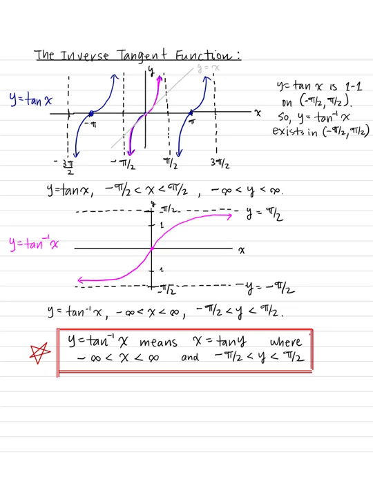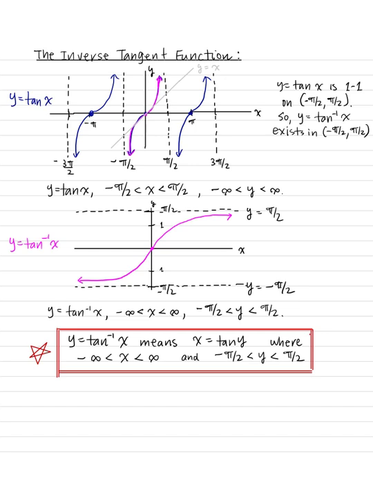So since tan of x is 1 to 1 on that interval, tangent inverse of x exists on negative pi over 2 to pi over 2. So please note that y equals tan of x, where x is between negative pi over 2 and pi over 2, and the range, which is all the y values, is the set of all real numbers.